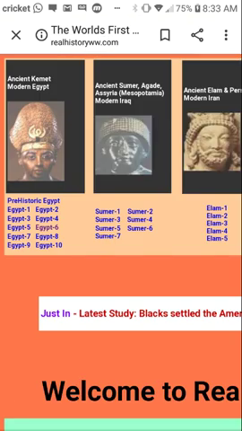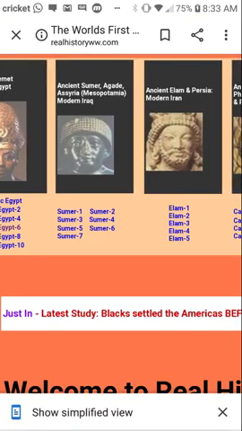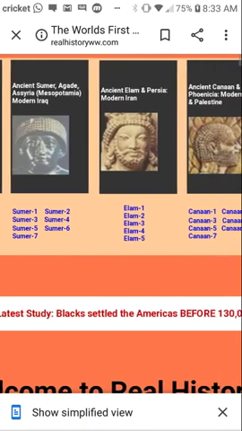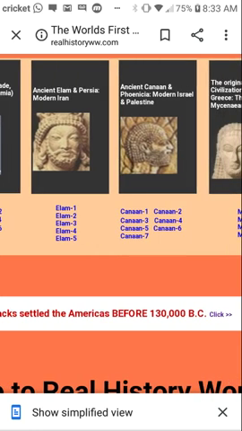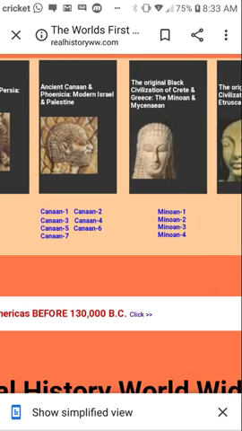And you could go through every section: ancient Sumer, Akkad, Assyria, Mesopotamia, modern Iraq, ancient Elam, the Elamites, and Persia, modern Iran, ancient Canaan and Phoenicia, modern Israel and Palestine, the original black civilizations of Crete and Greece. Yes, they were all diverse black people.